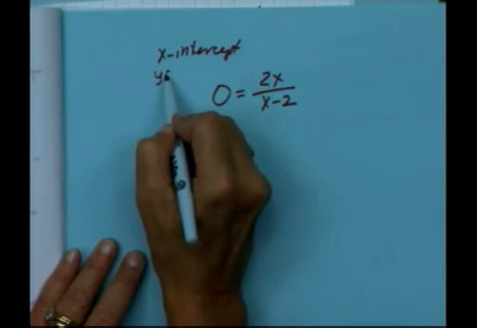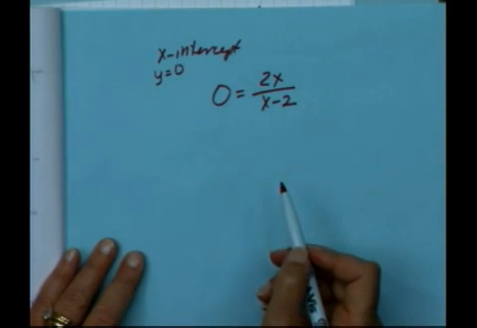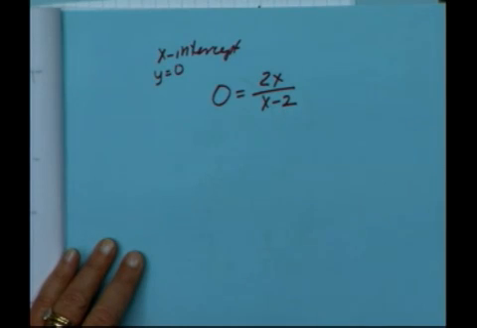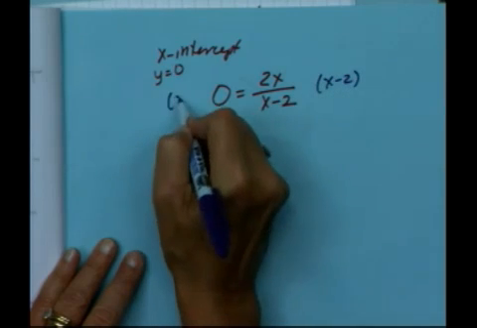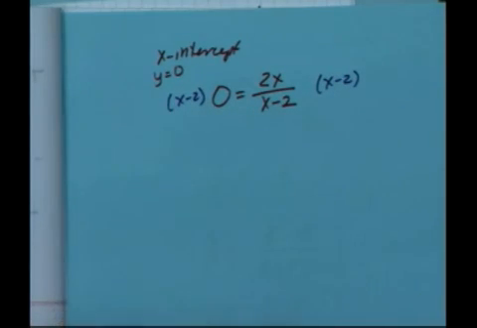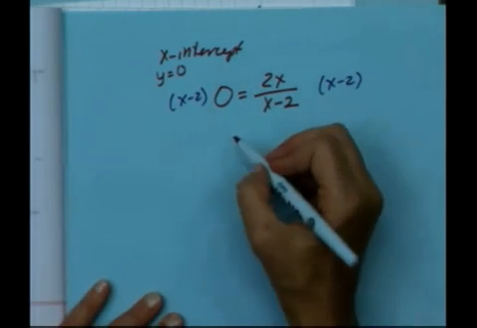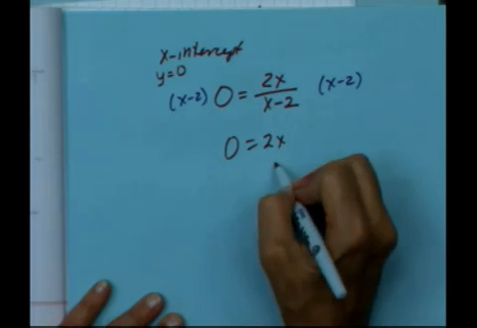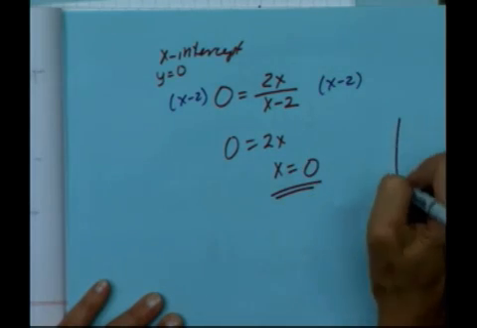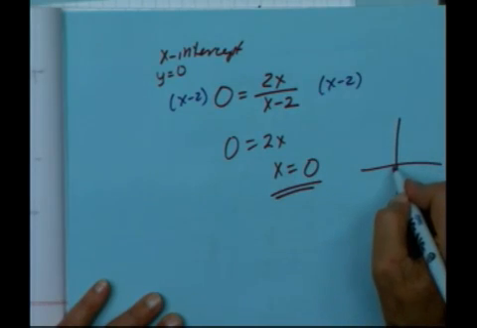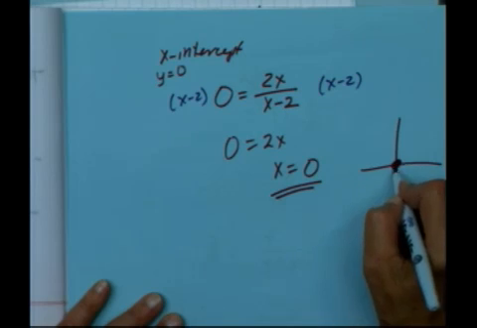Now what would you do? You multiply by x minus 2 on both sides. So we get 0 equals 2x, so x is equal to 0. When y is 0, x has got to be 0.